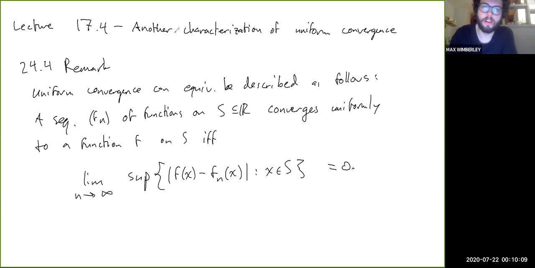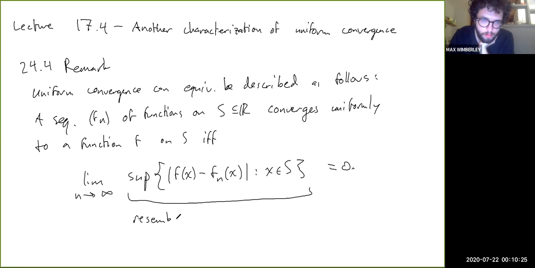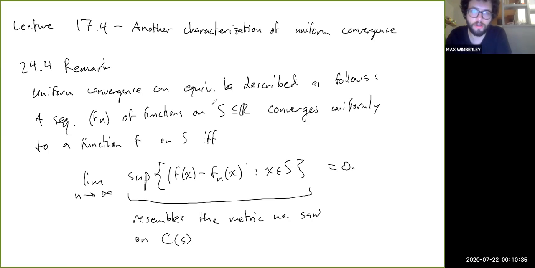Knowing this, we can look at a couple examples. But first, I want to make a comment that this supremum resembles the metric we saw on C of S, from a lecture or two ago.